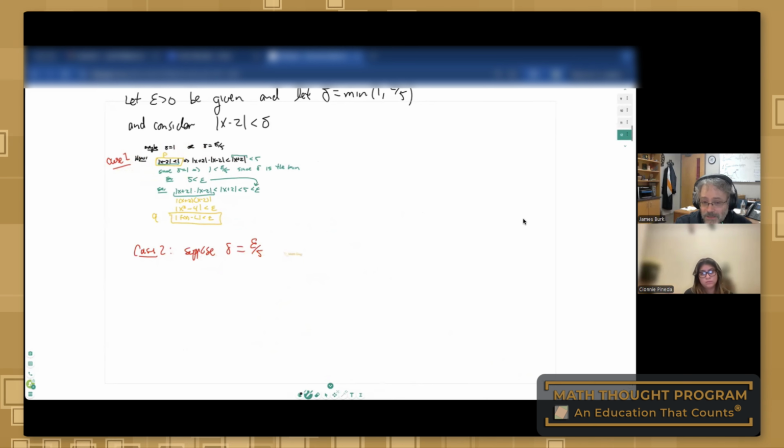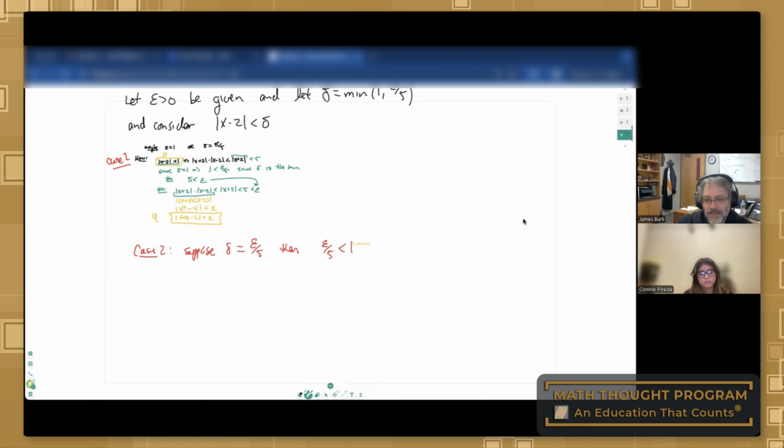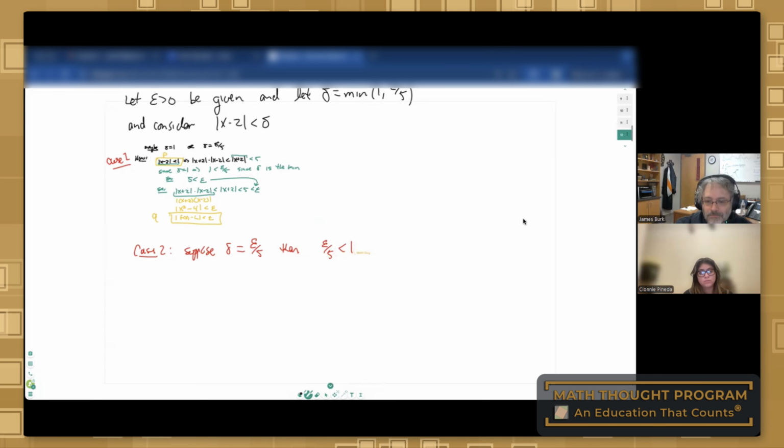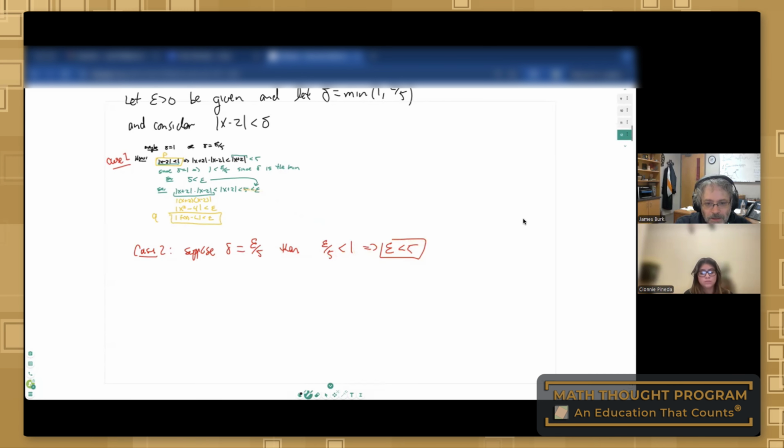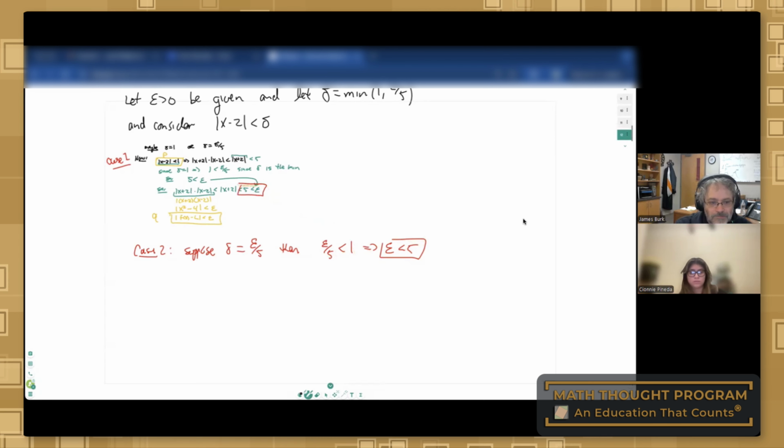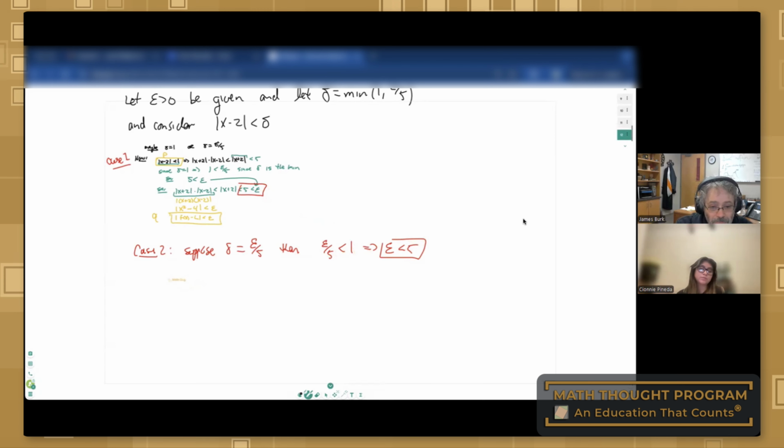Now, once again, because delta is selecting the smallest value, the minimum value between 1 and epsilon over 5, what this immediately means is that epsilon has to be less than 5 now in this case, whereas beforehand, epsilon was greater than 5.